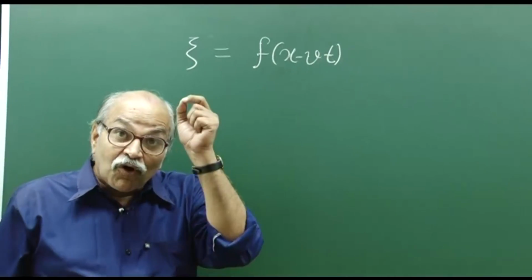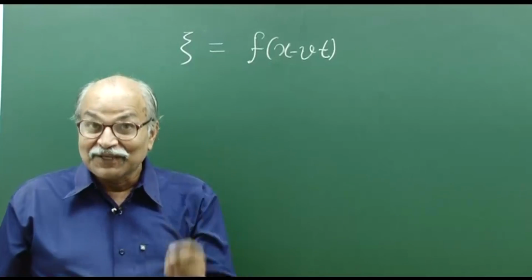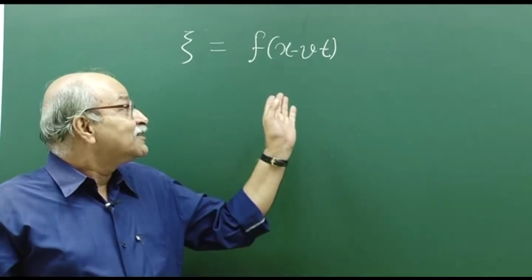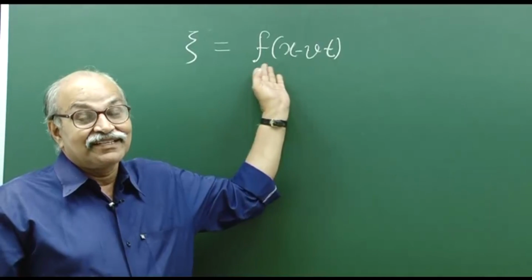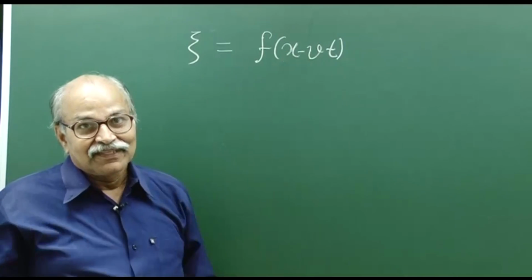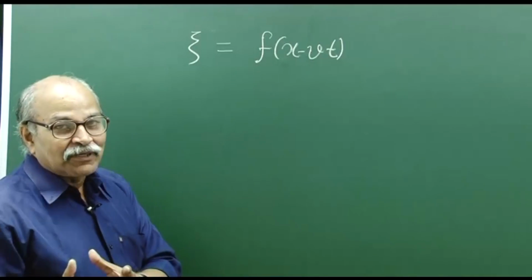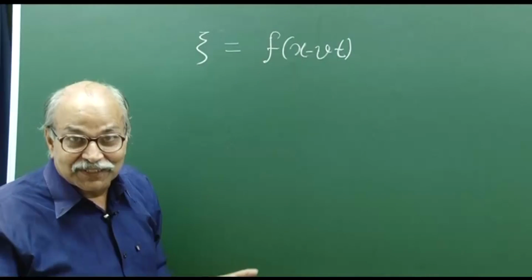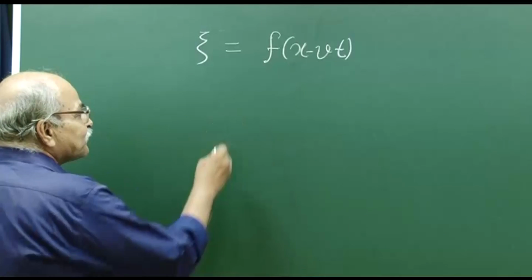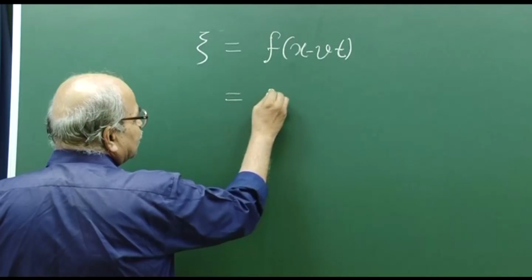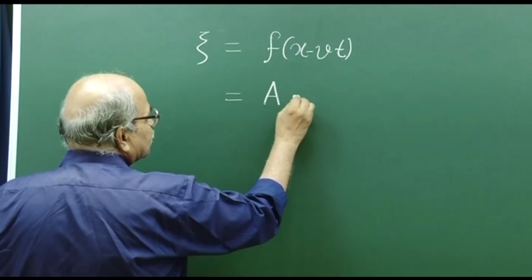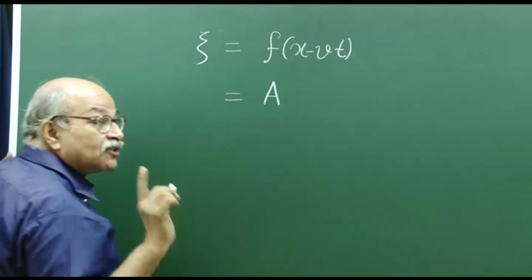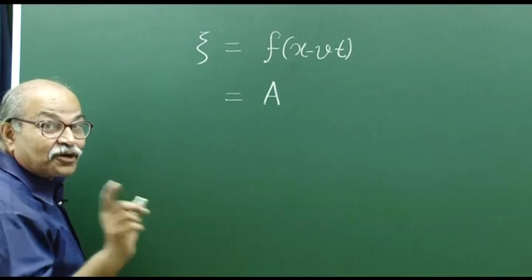Now, if you want oscillations at a particular frequency, then the functional form of this gets narrowed. One very common function, simple, easy to deal with in mathematics and very, very important, is when you have oscillations which are sinusoidal, sine function or cos function.